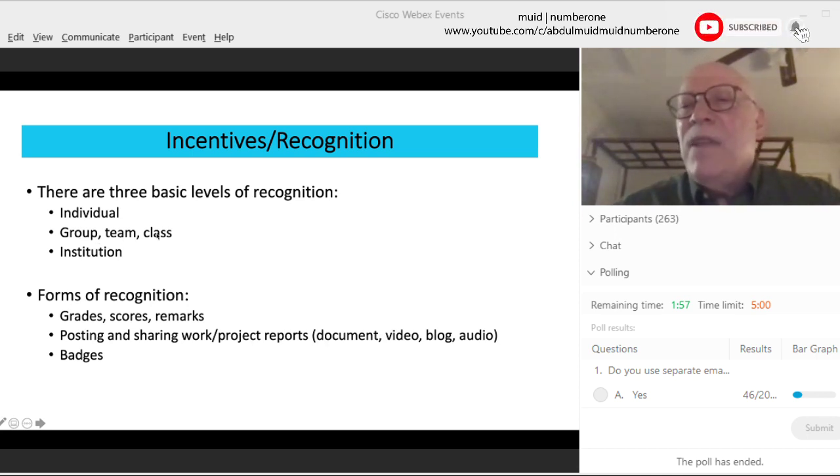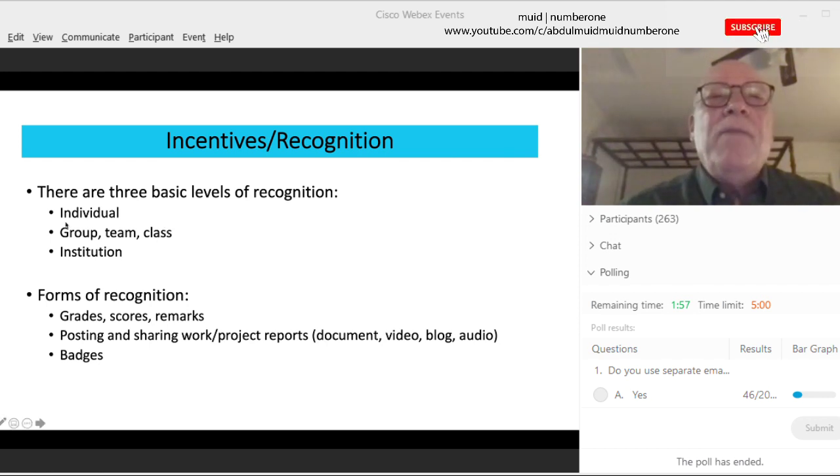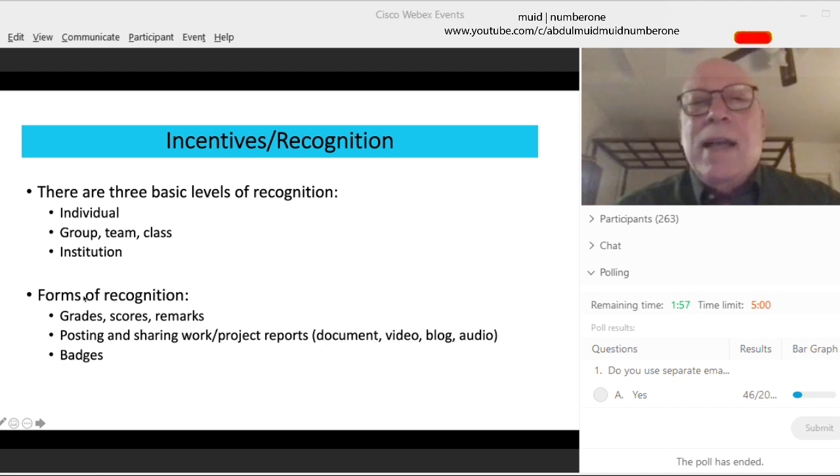You can even have things with classes competing with each other or working with each other or sharing with each other, or it can even be institutional. The forms of recognition can be anything from grades to scores to remarks.